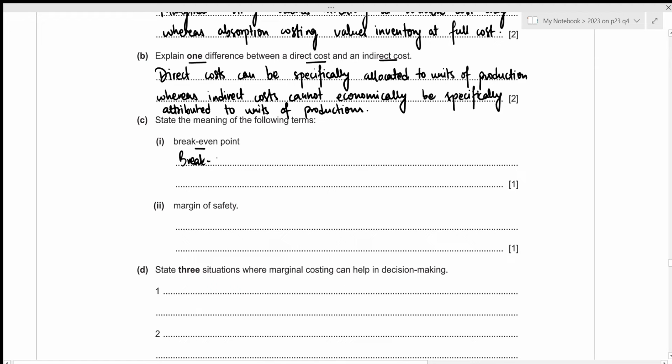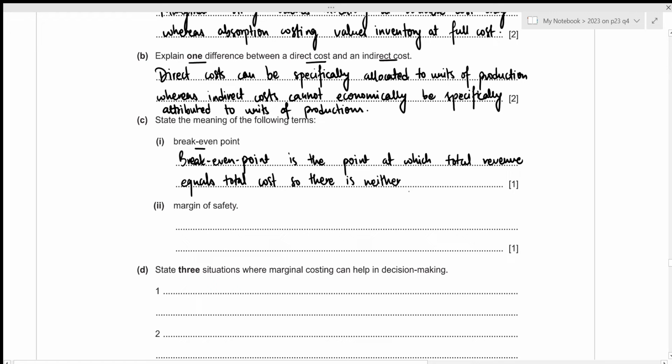Break-even point is the point at which total revenue equals total cost. So there is neither profit nor loss.